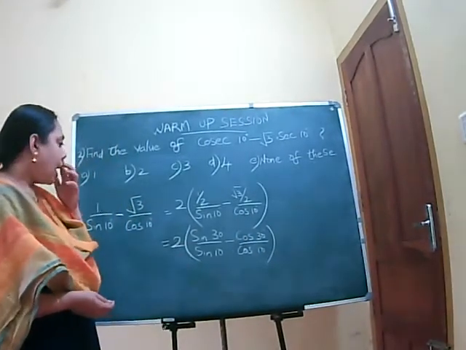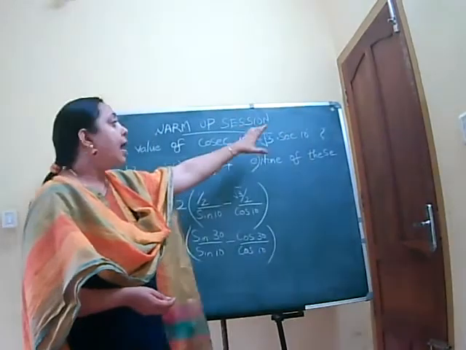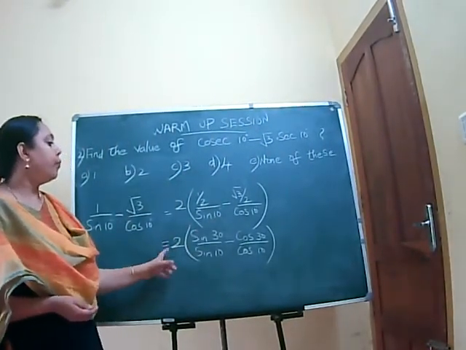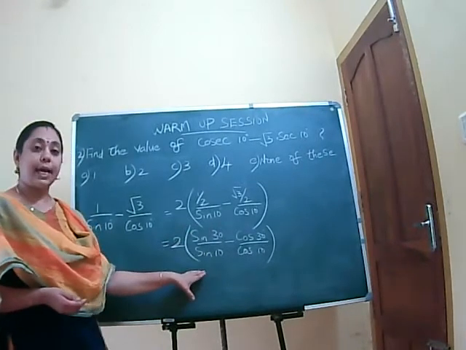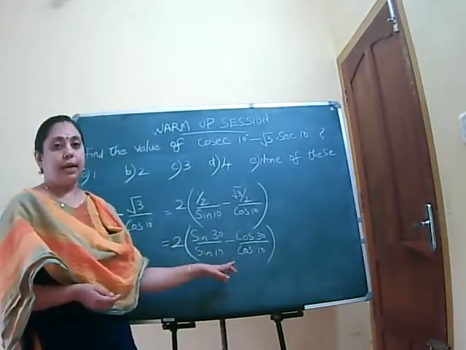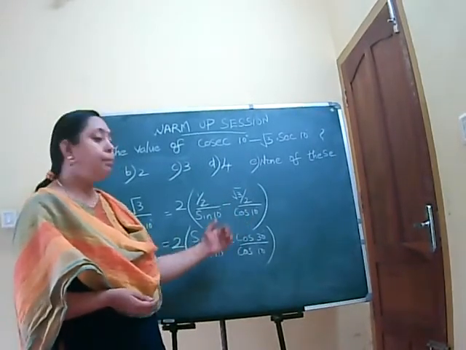So cosec 10 minus root 3 sec 10 has changed into 2 into sin 30 by sin 10 minus cos 30 by cos 10. Now just take the LCM and simplify.